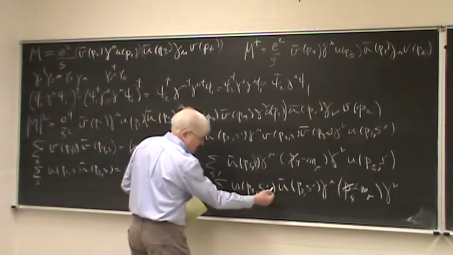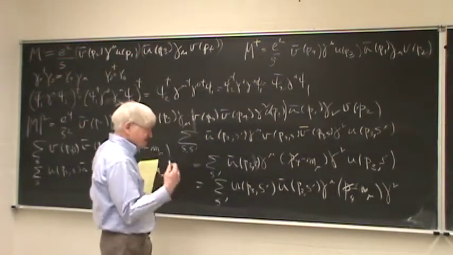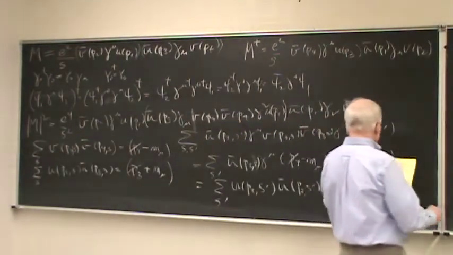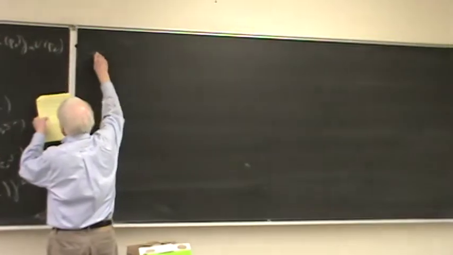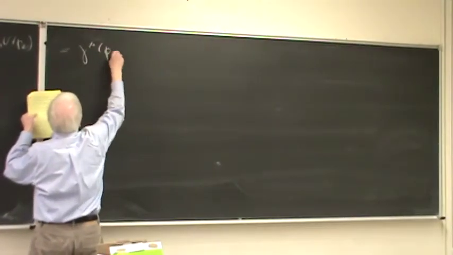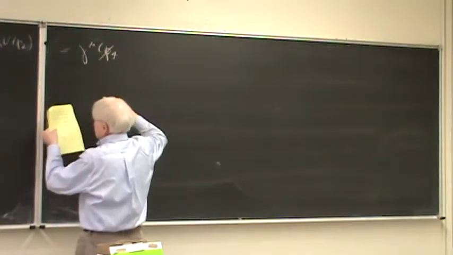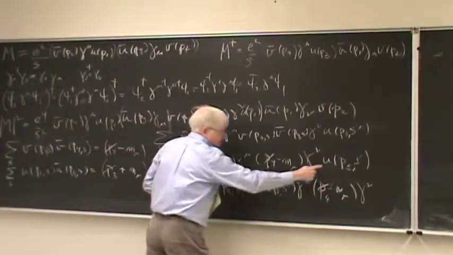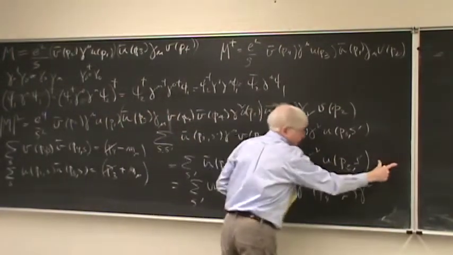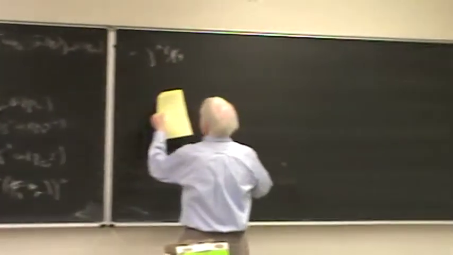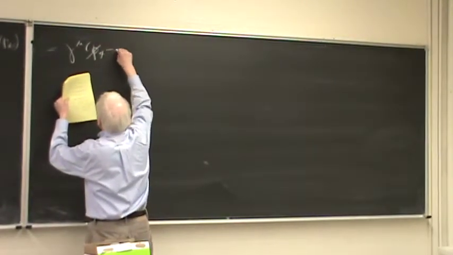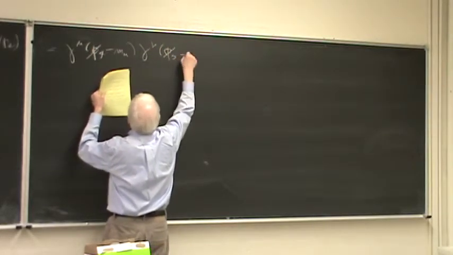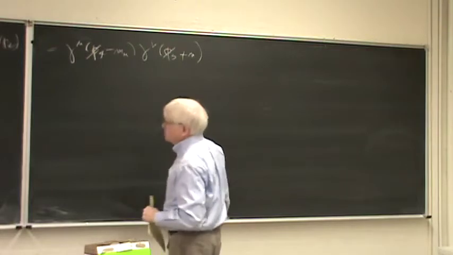Summing on S prime gives us another P slash. Actually, what I did in my notes, now that I think about it, is instead of moving this guy forward, I moved this guy back. In that case, what we get is gamma mu P4 slash minus mu gamma nu P3 slash plus m. So that's what that sum is.